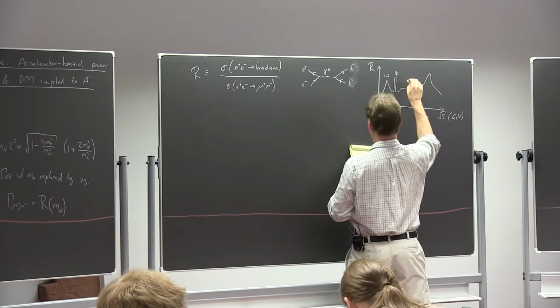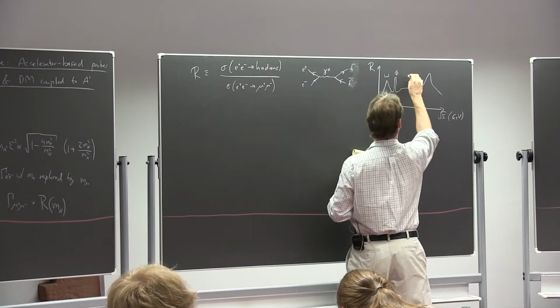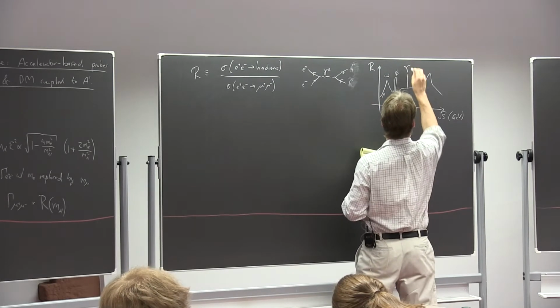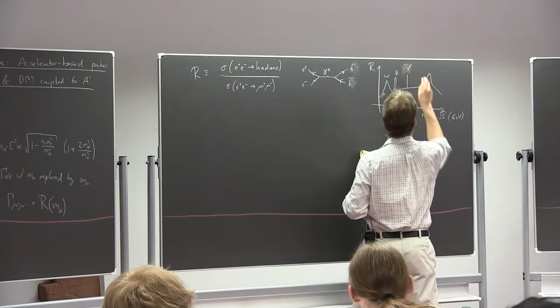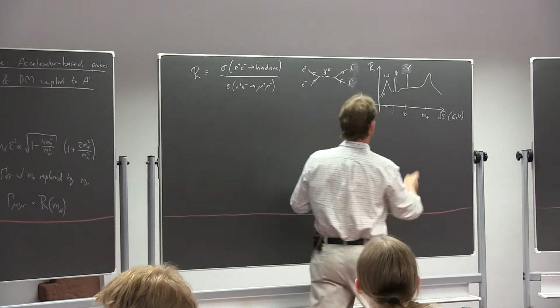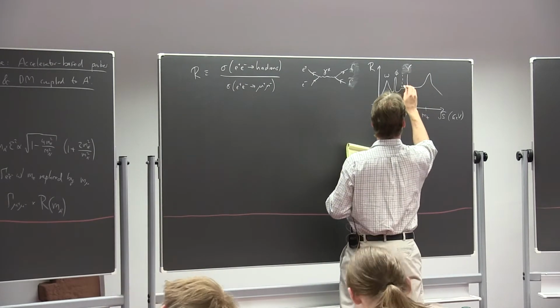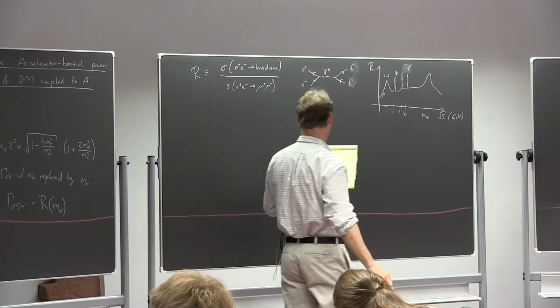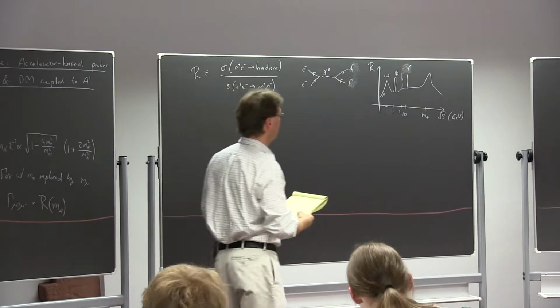At 10 GeV, there's the Upsilon. There's the J/psi. Something like this, okay? And this is the Z, of course.